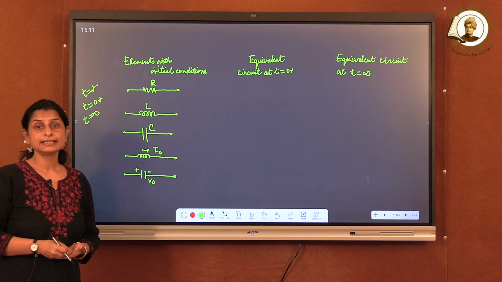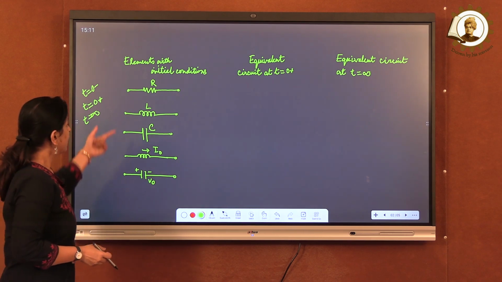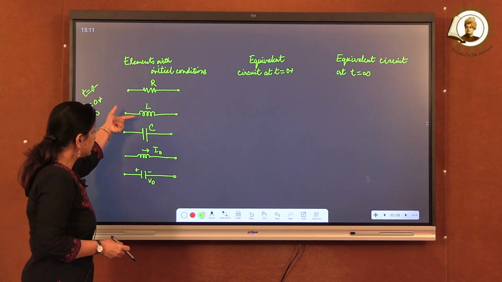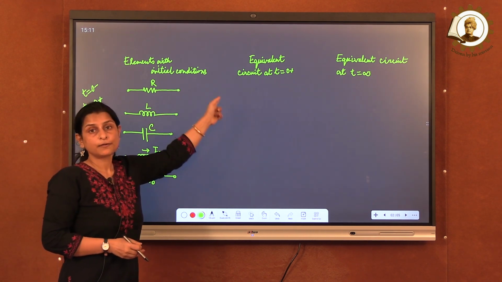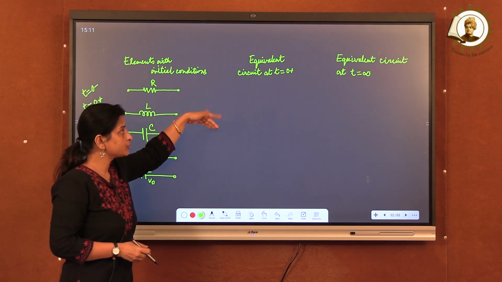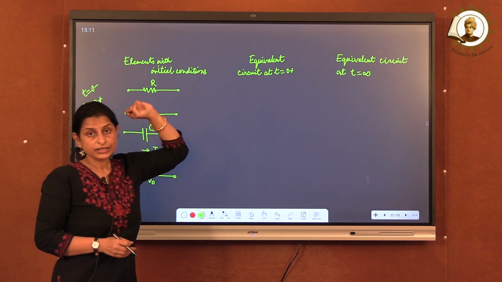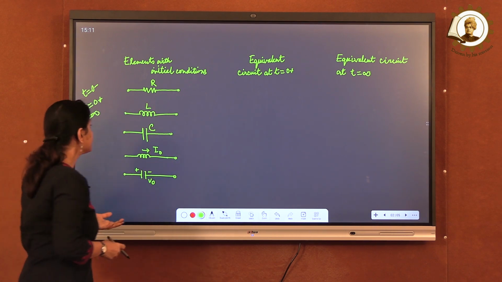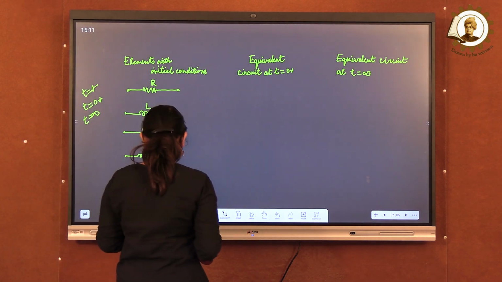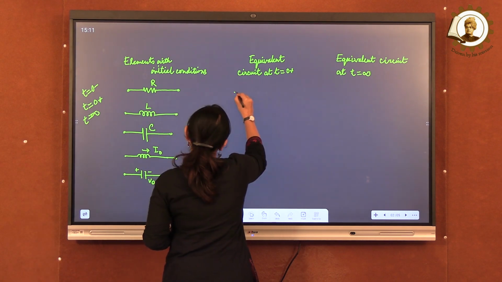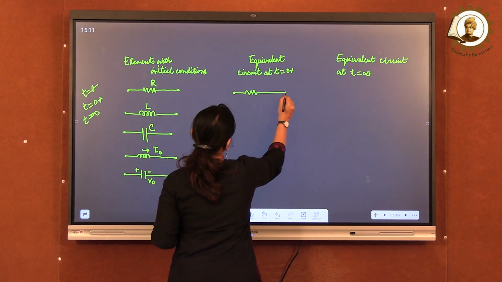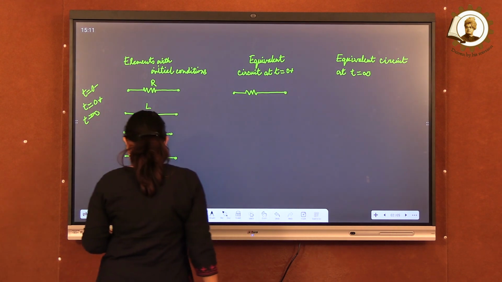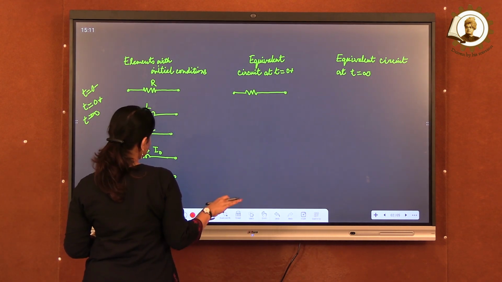That is the steady state, meaning what will be the state of the resistor, inductor and capacitor at t equal to 0 plus, which is just after closing of the switch, and at t equal to infinity, the steady state. So what happens to the resistor? The resistor value will remain the same at t equal to 0 plus, just after the switch closes.